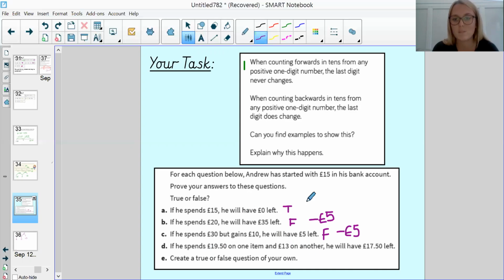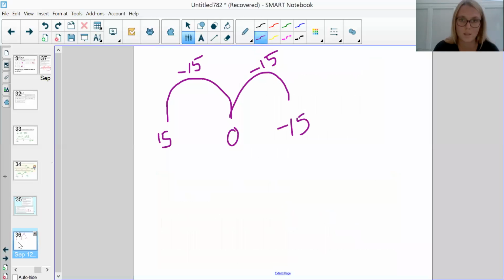Okay, so he started with £15 and he spent £32.50 in total. So would he have any money left? No, okay, because he spent more than he had to start with. So that would be false again. Okay, and let's work out what he would have ended up with if he spent that.